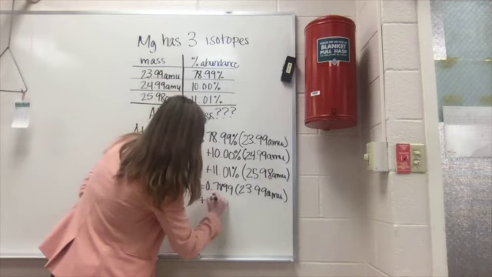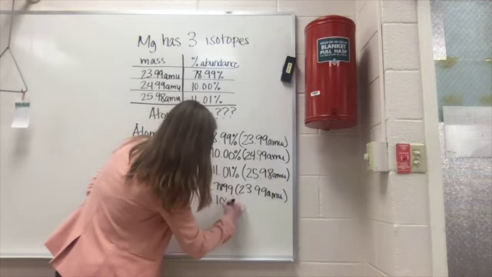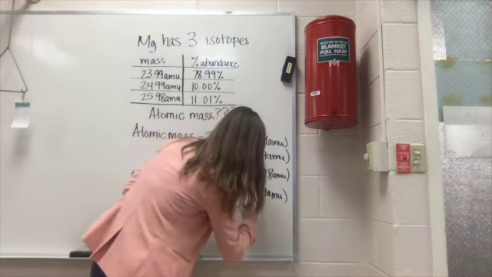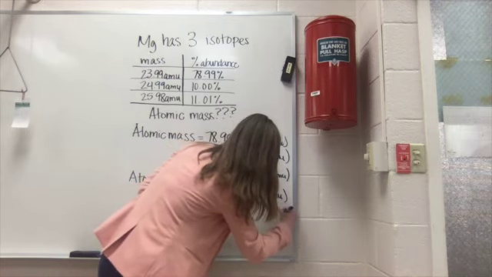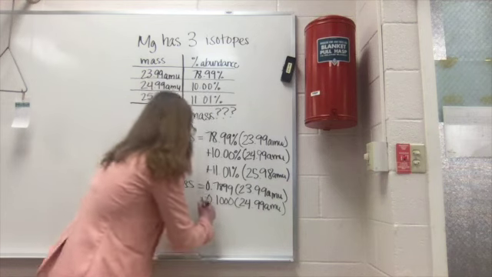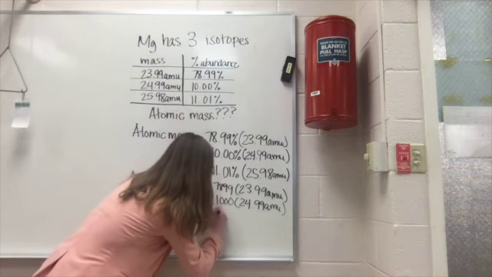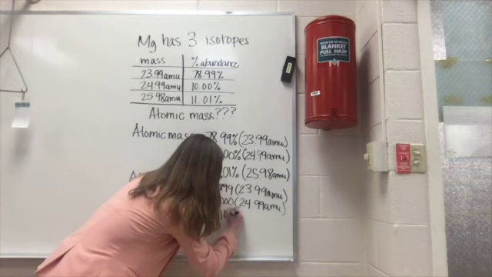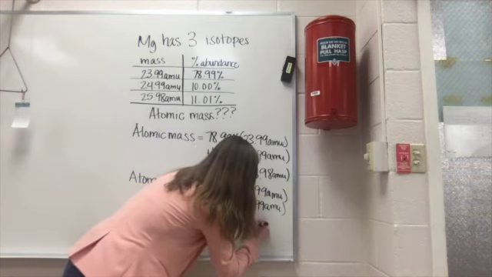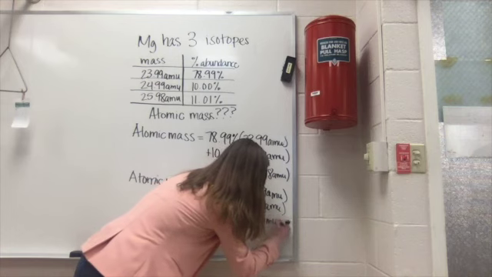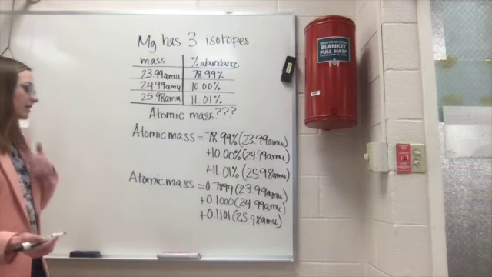To that, we are going to add 0.1000 times 24.99 AMU. And then I'm going to divide 11.01 by 100, 0.1101. And I'm going to multiply that by its mass, 25.98 AMU. So that's what I got worked out.